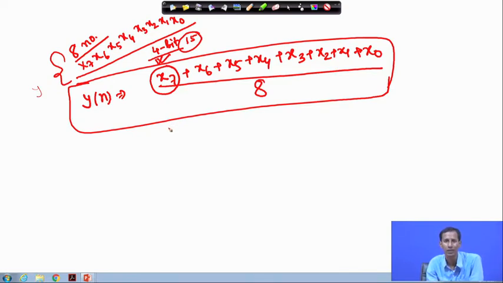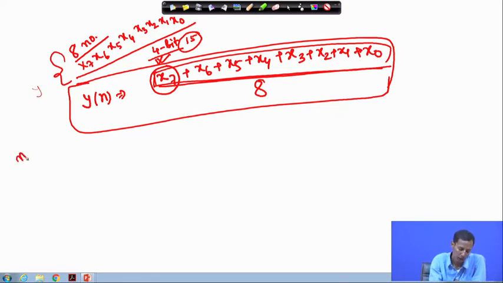First, I have to add all these numbers, then divide by 8. To add these 8 numbers I need 7 adders, and this is the general fact: if I want to add n numbers, then n minus 1 adders are required.